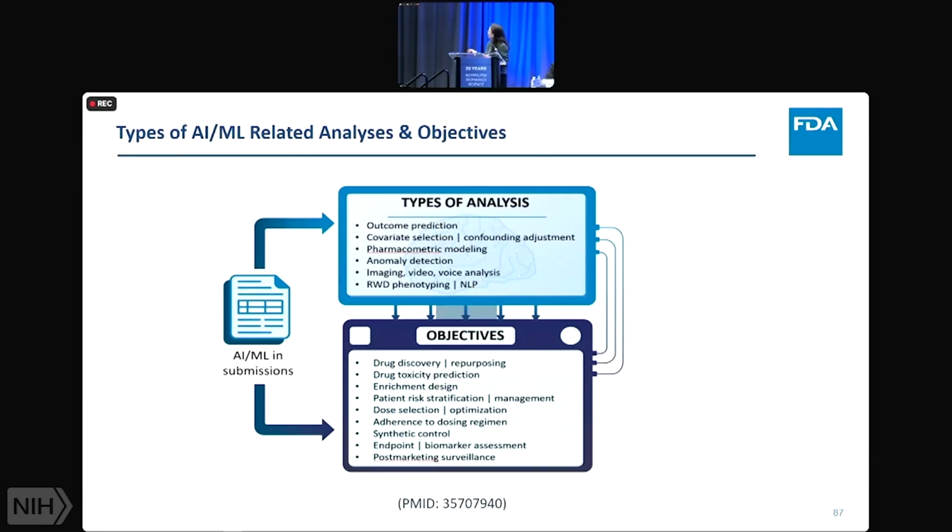And also on the lower half of this box, you can see endpoint biomarker assessment was often used when AI was used for drug development. Actually, based on our new analysis, this seemed to be the biggest category, like highest number of application of AI is in this category. And another point I want to make is the objectives here listed are not mutually exclusive. So AI used for biomarker application, those can also be used for enrichment trial design, patient risk stratification, or dose selection, etc.